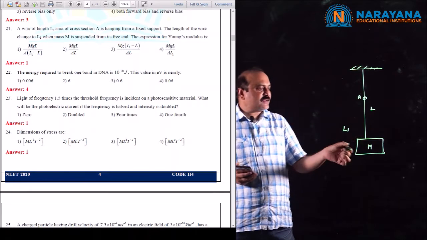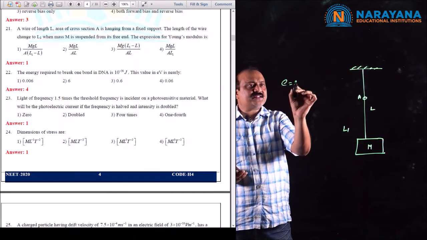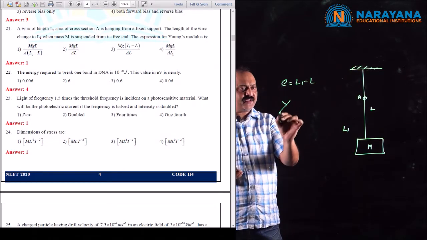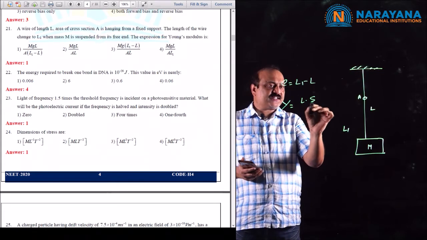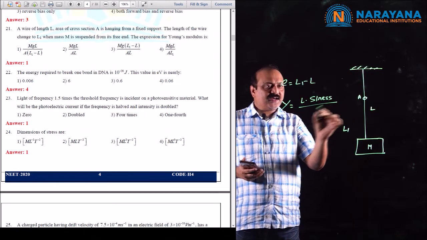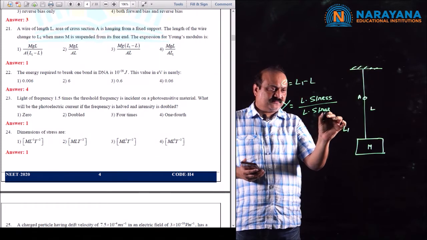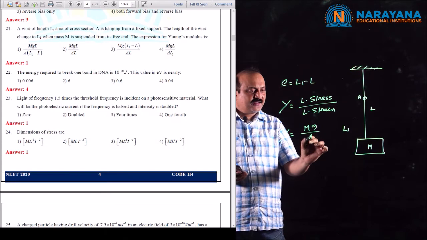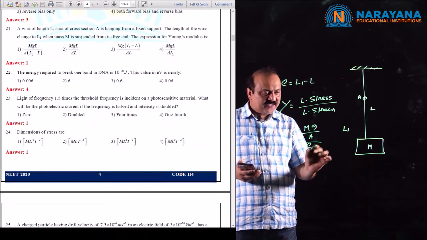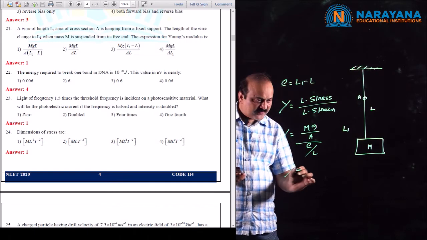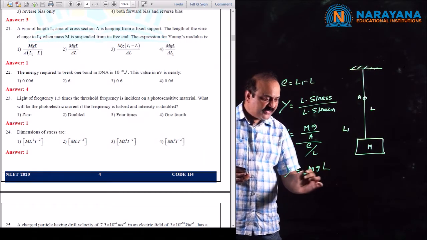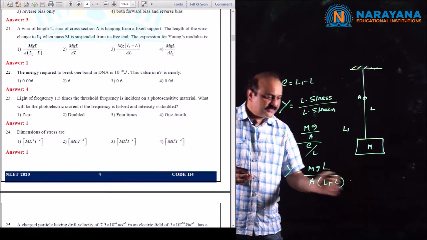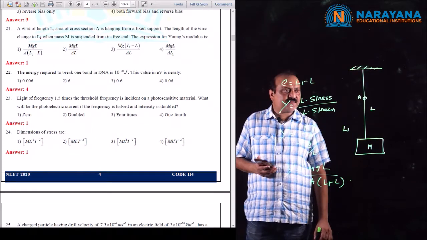From this, the elongation of the wire due to the load is e = L1 minus L. Young's modulus is defined as Y equal to longitudinal stress by longitudinal strain. Therefore Y is equal to stress, which is mg by A, and strain, which is e by L. Therefore Young's modulus Y is equal to mgL by A times (L1 minus L). So this is the expression for the Young's modulus of the wire.